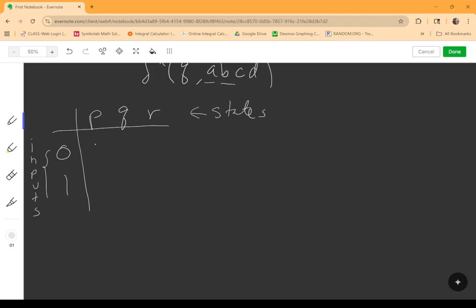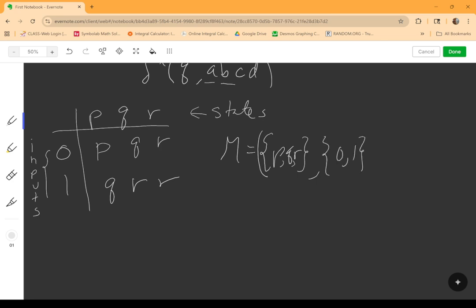Okay, so we have P, Q, R, Q, R, R. This is a DFA that we define here, an ordered 5-tuple. The states are P, Q, R, and the alphabet is 0, 1.